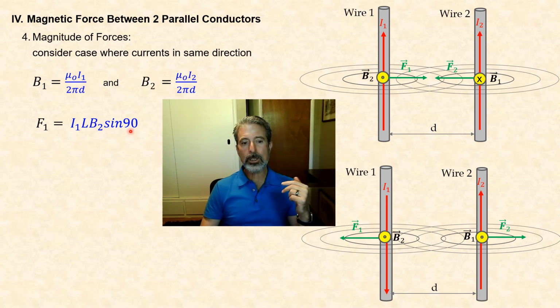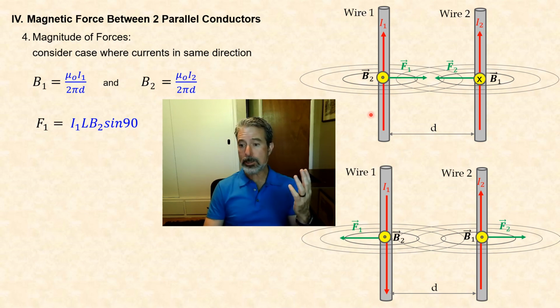Notice that we're talking about the sine of 90 degrees, the angle between L, the direction of the wire, and B, the direction of the magnetic field, which is perpendicular to the plane of the wire. So we've got sine 90 degrees.